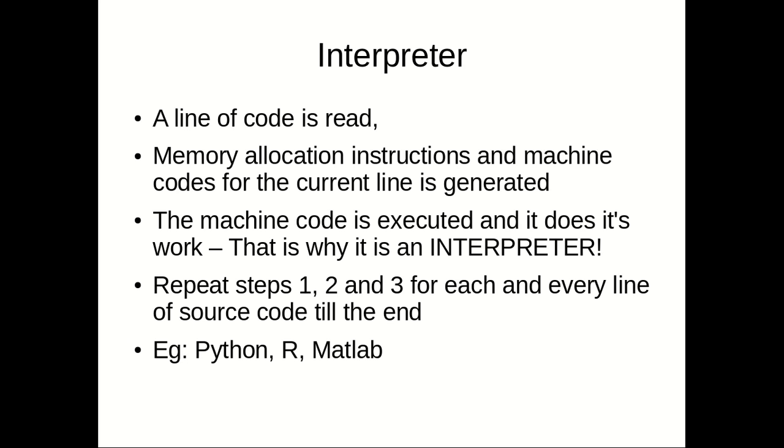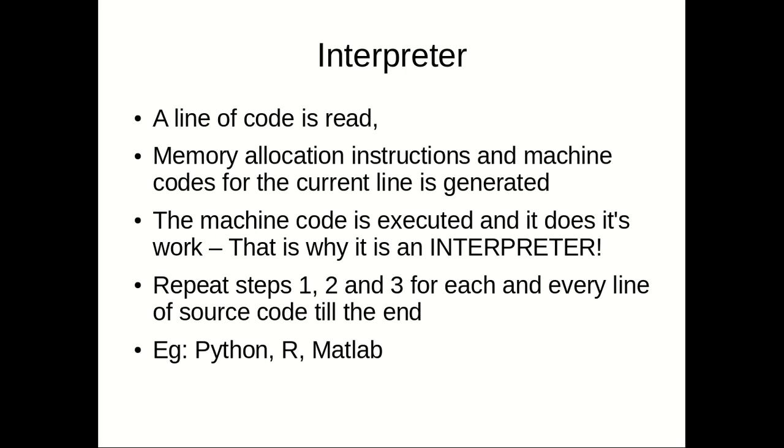Whereas in an interpreter, the codes are generated for each and every line and then deleted, and a new set of machine codes is generated for each line. These machine codes are not compared with the machine codes generated for the previous and next lines. As a consequence, they tend to be slower.